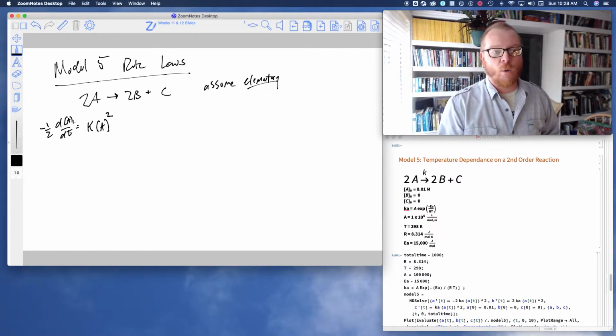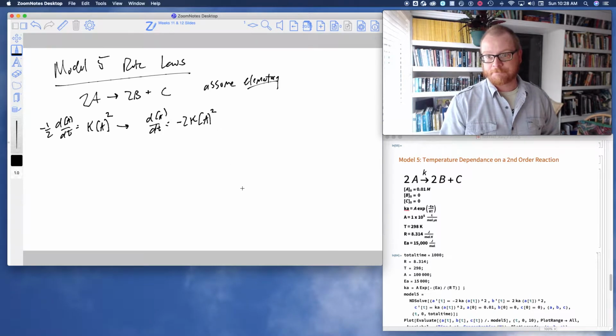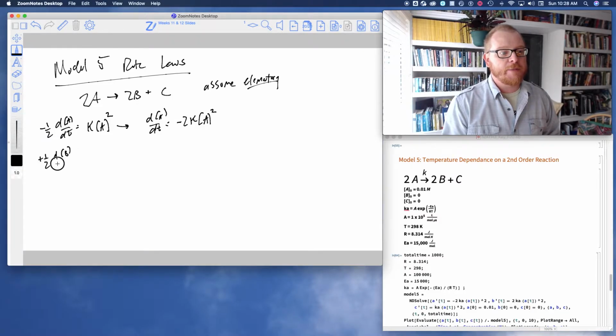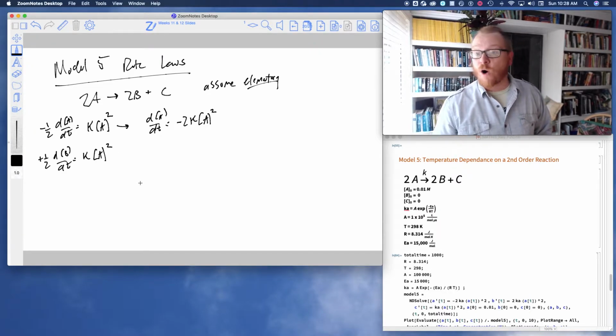So what I'm going to do here is keep this in terms of dA/dt. So I'm going to call that negative 2 times K A squared. All right. And now with B, it's positive 1/2 dB/dt, and that is still going to equal K times A squared because it's all about the reactants.